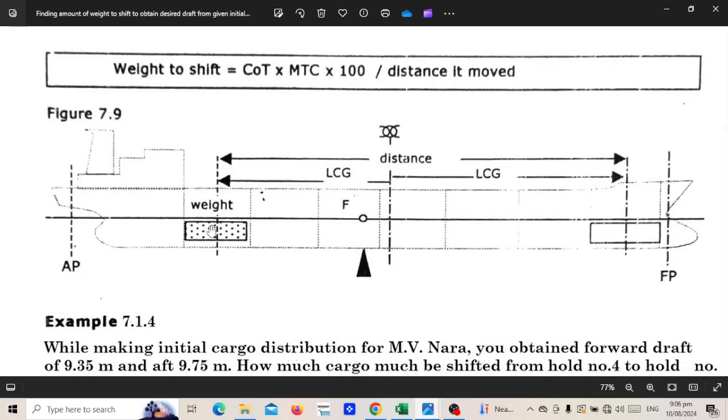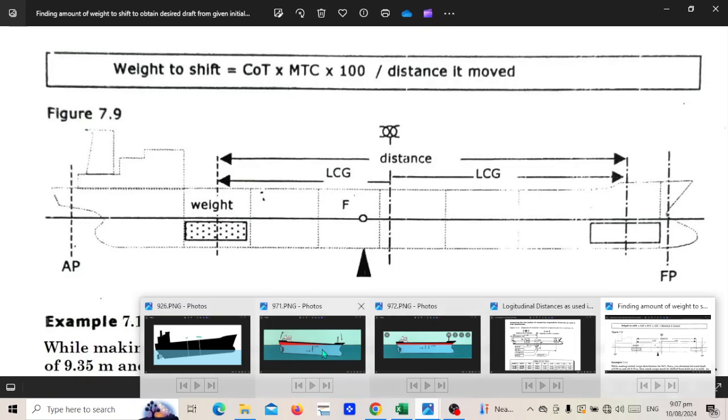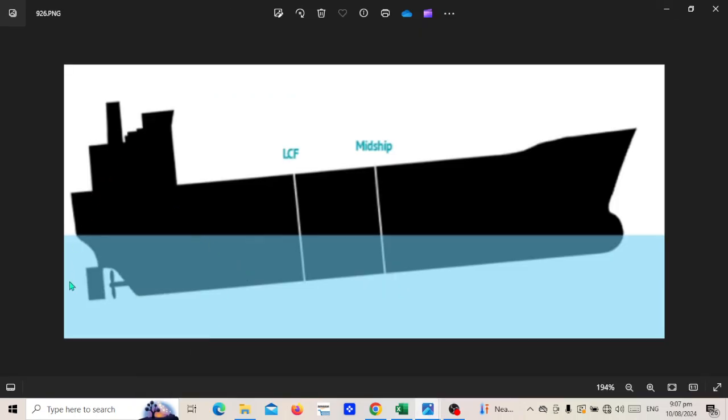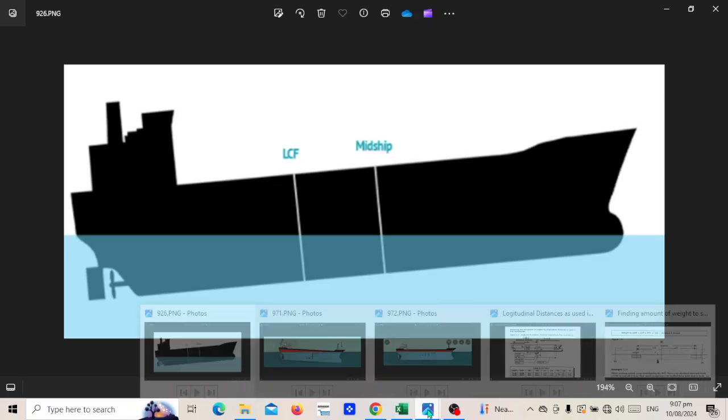The question was, how much weight are we going to take out from hold number 4 and ship it to hold number 1 so that the vessel will be upright, because at present the vessel is trimmed by the stern, meaning it has more draft aft than the draft forward. So let's investigate, guys.